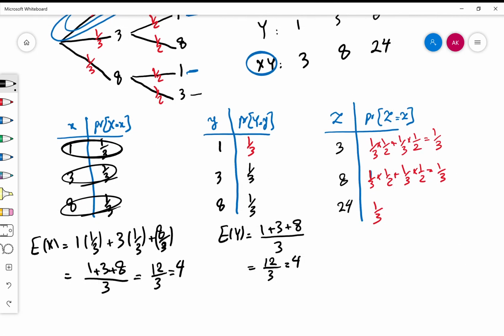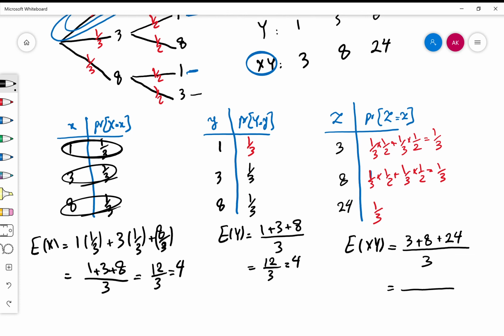E of XY, where Z was another name for XY, is 3 times 1 over 3 plus 8 times 1 over 3 plus 24 times 1 over 3.